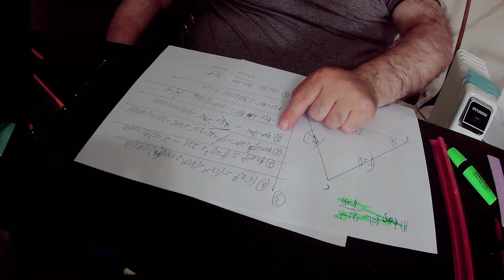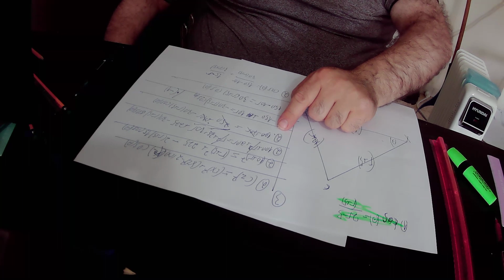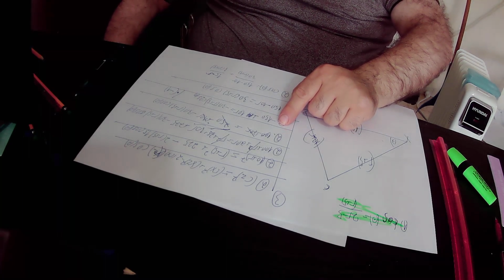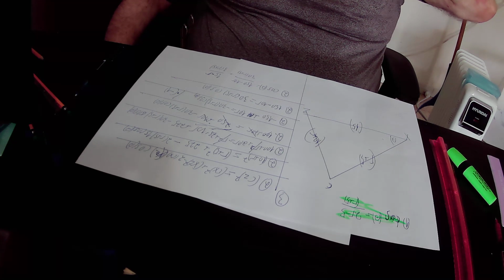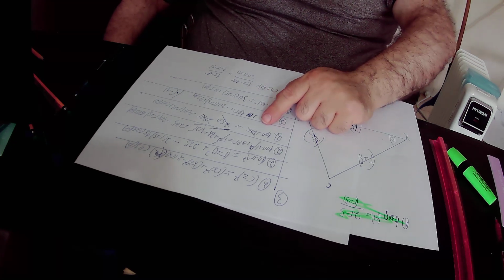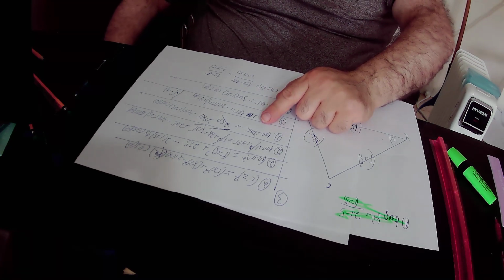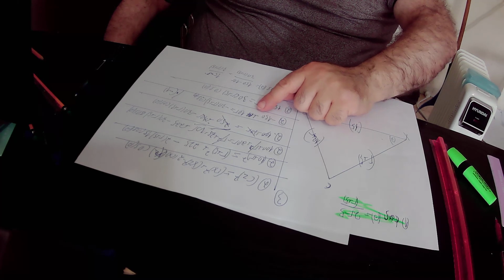And then we subtracted 150 from this equation number 2, and then we subtracted 10r from this equation, and we got that 20r minus 10r is 10r.